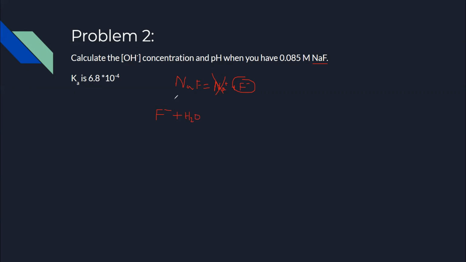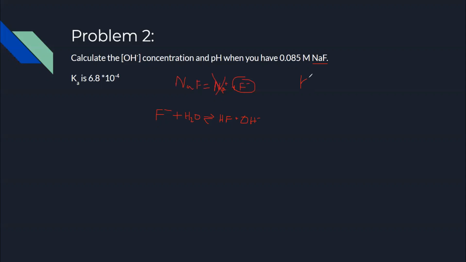F minus is a base, and makes HF plus hydroxide, OH minus. And then you have to calculate the Kb.